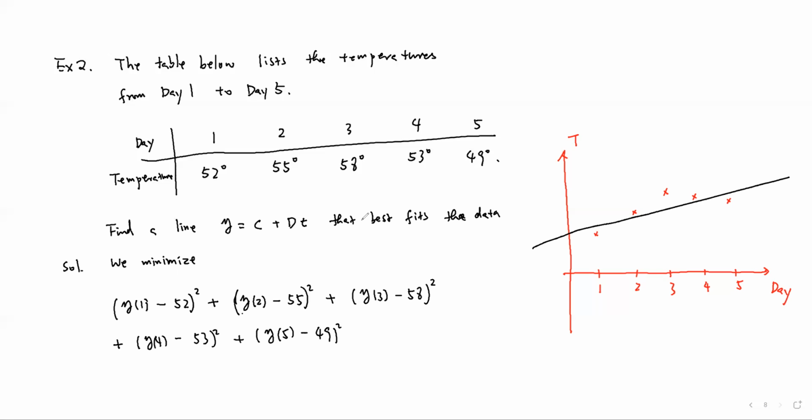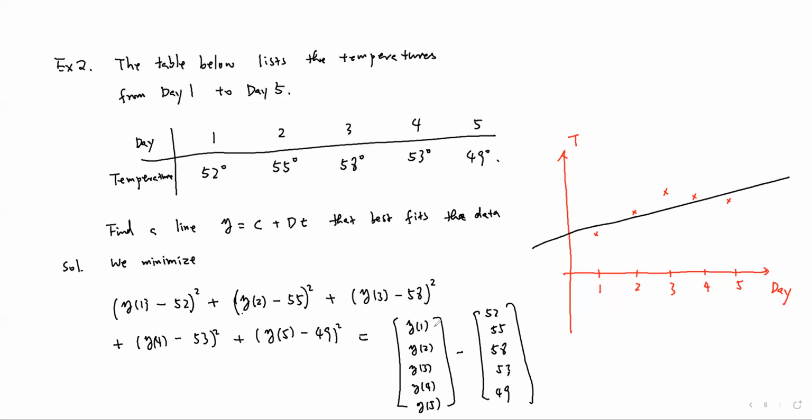Let me write this into vectors. This is the vector y1, y2, y3, y4, y5 minus the vector of the data, 52, 55, 58, 53, 49.